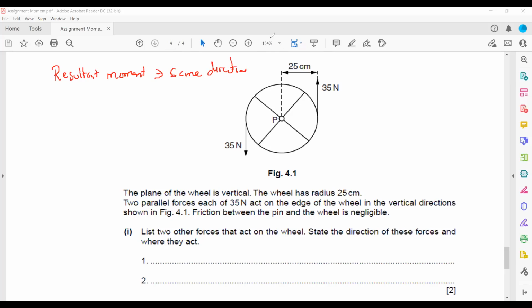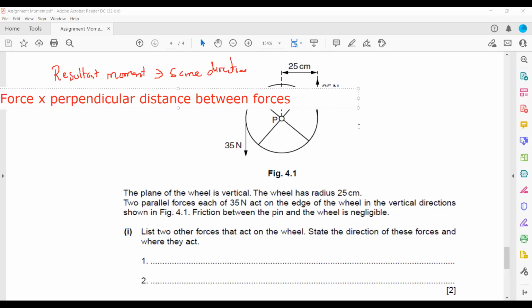We calculate it by using force multiplied by the perpendicular distance between the forces.